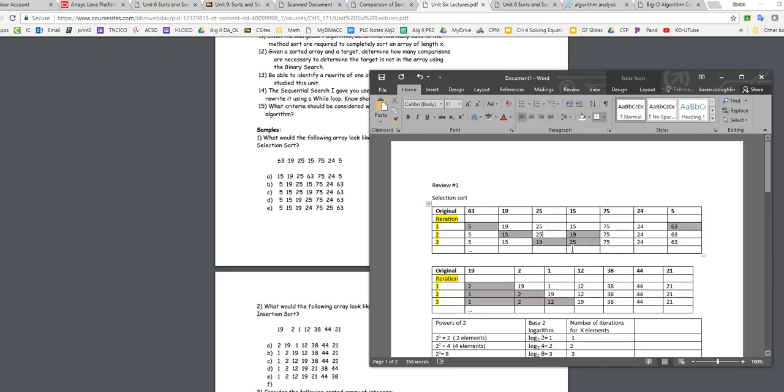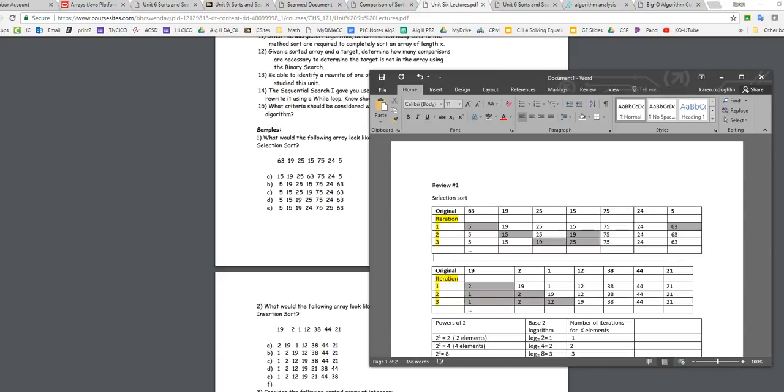So on the third iteration the values will be 5, 15, 19, 25, 75, 24, and 63. So if we go over and look, that's going to match up with D, as in dog. Now the other thing to note about the selection sort is there are 1, 2, 3, 4, 5, 6, 7 elements, and so the maximum number of iterations is always going to be 1 less than the number of elements.